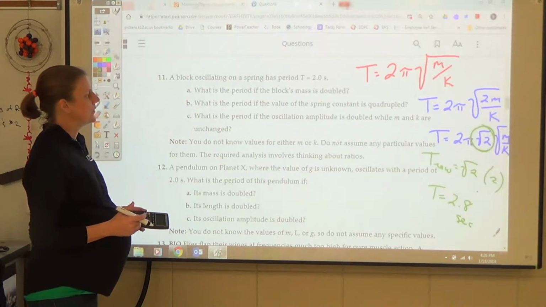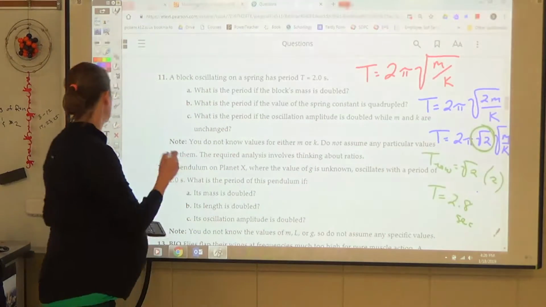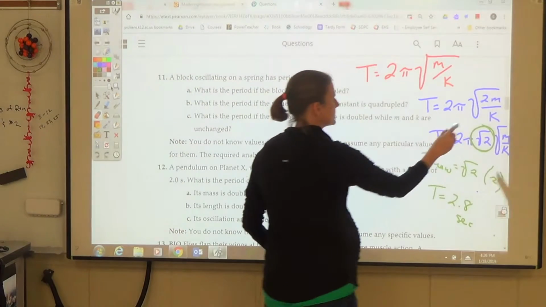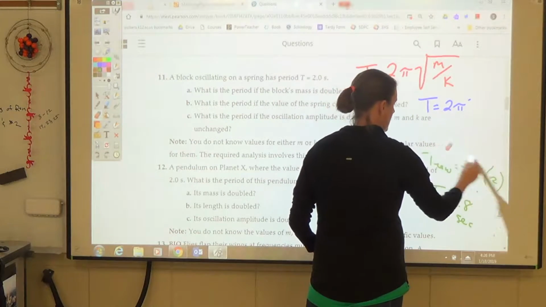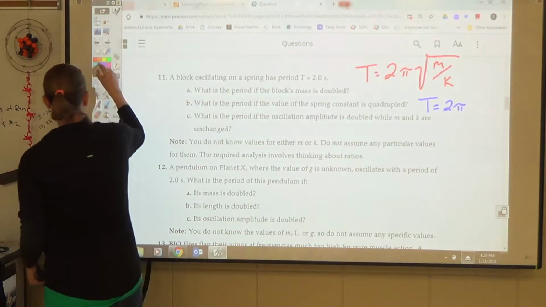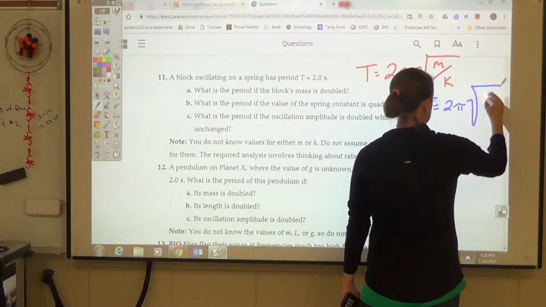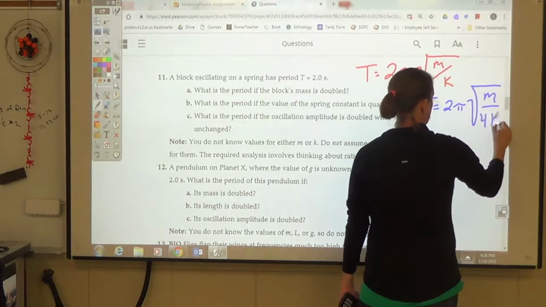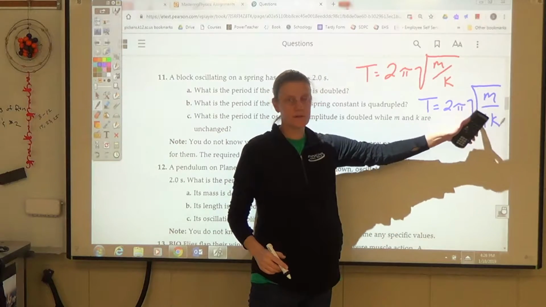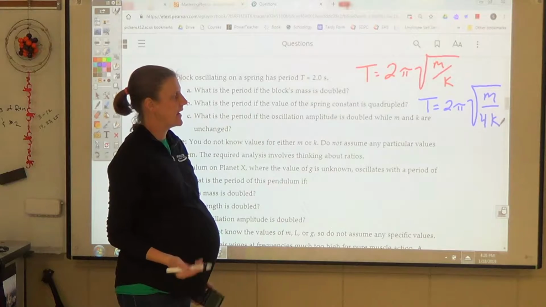All right, what if the spring constant is quadrupled? So I'm throwing this factor of 4 in the denominator, but it's still under my little radical. So if I quadruple k, how does that change T?